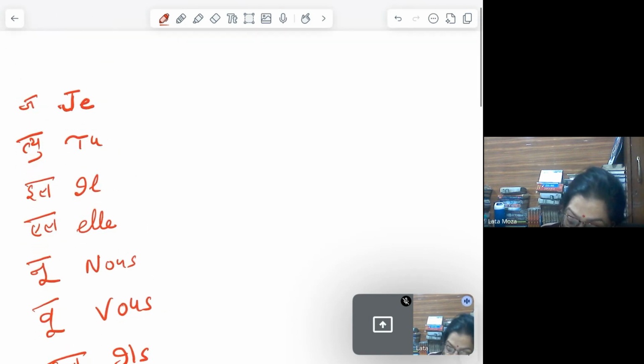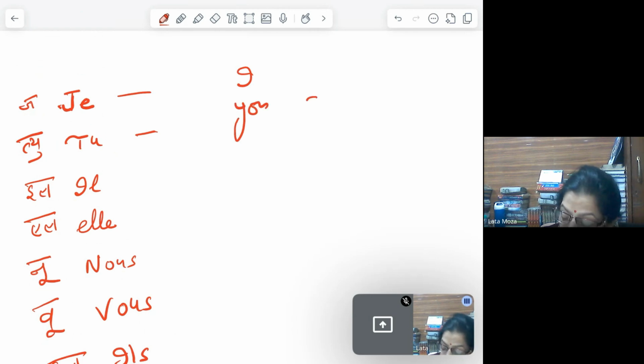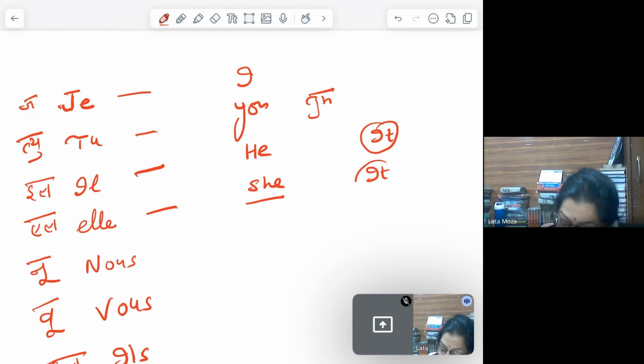Je in French means I, and tu means you. That is informal you, that means tum. Il is he. It can be used for it also if the object is masculine. And elle is used for she. Even it can be used as it for feminine objects.